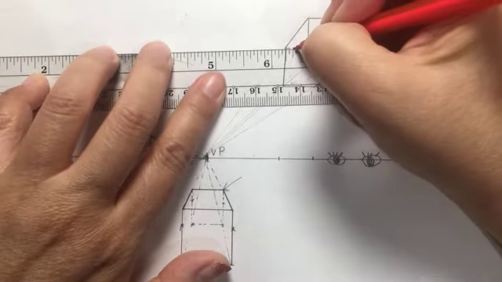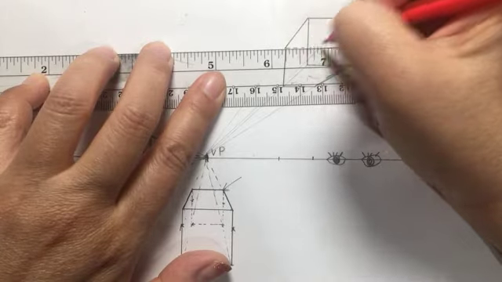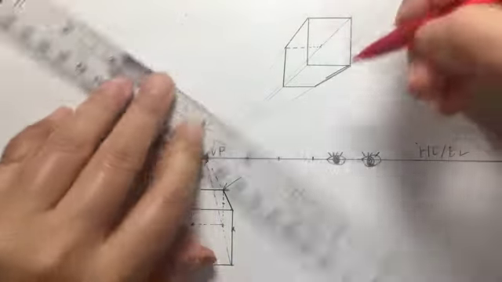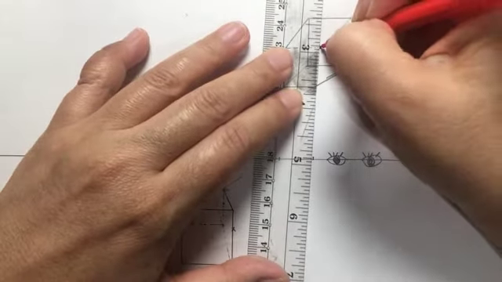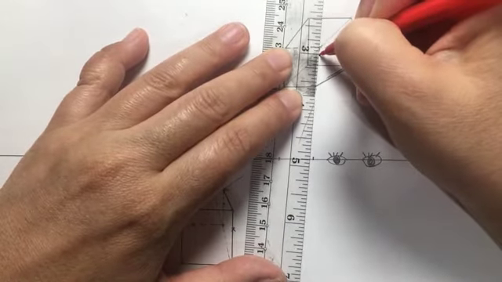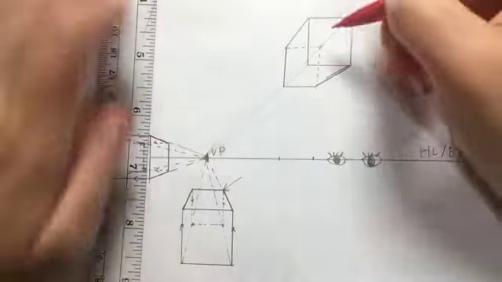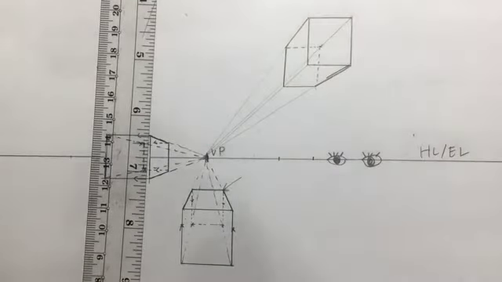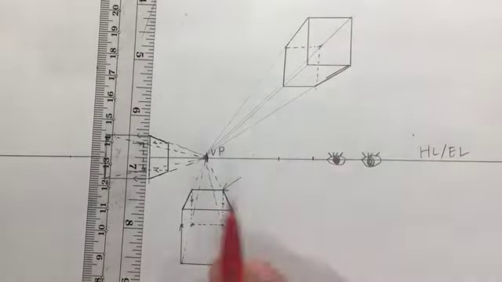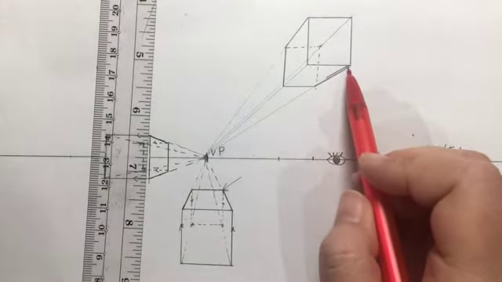So I'm trying to make the top and the back. You notice that sometimes the lines don't necessarily intersect, and that's because I'm not drawing very accurately.